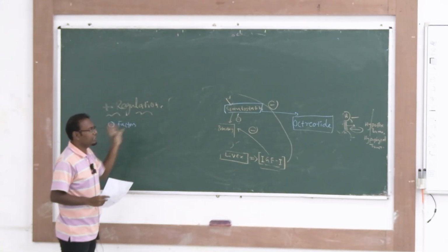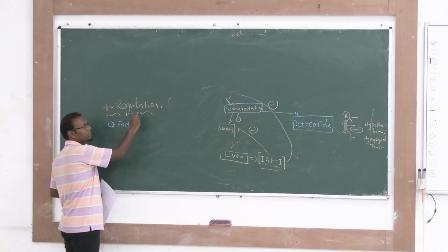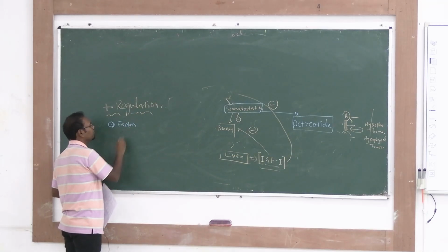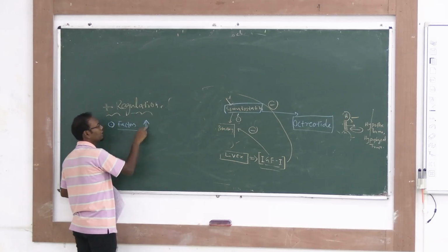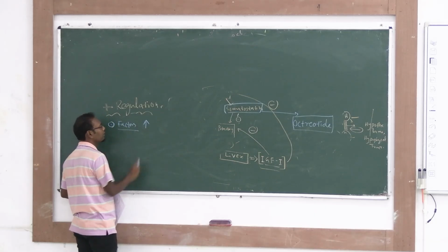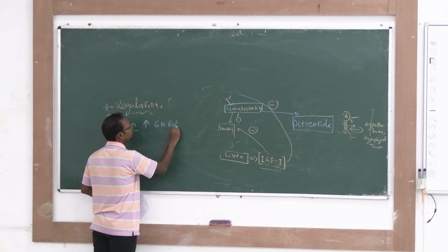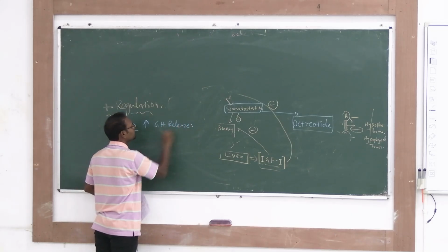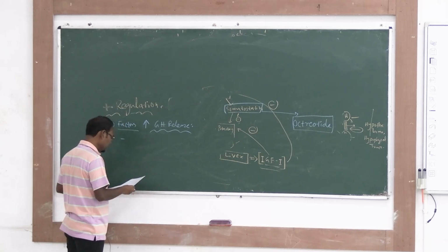Other than these things, there can be also other factors which affect this regulation either positively or negatively. So those factors increasing, okay, you will not use these shortcuts in the exam, you will write the full words, okay? Factors increasing GH release. What are the factors that can increase GH release?